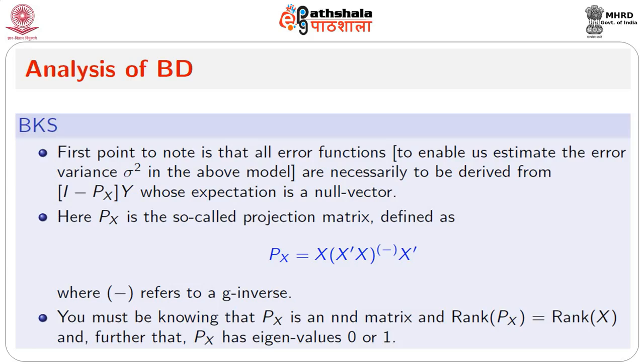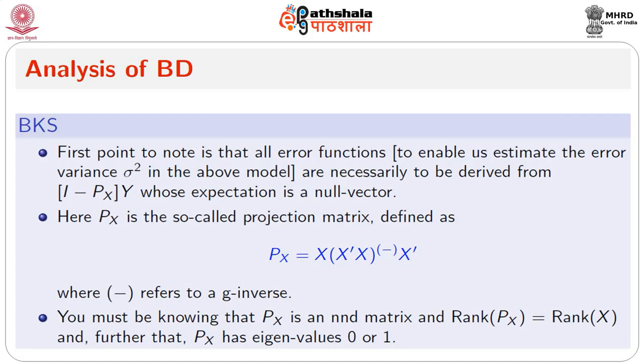It is defined as Px equal to X (X prime X) minus, that is the generalized inverse, times X transpose. And it is a routine exercise to work out the expected value of I minus Px times y given the model to show that this is nothing but a null vector. Therefore, I minus Px times y has 0 expectation, and that is the only source of getting estimates of the error variance sigma square.